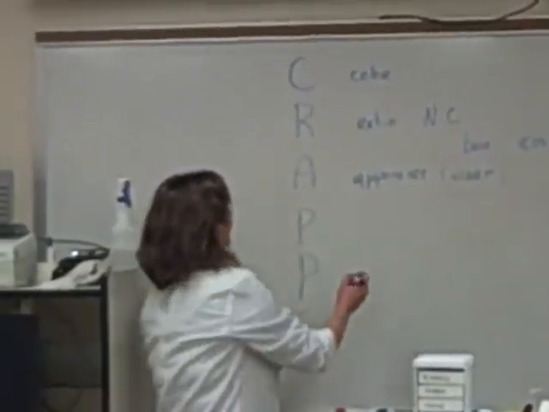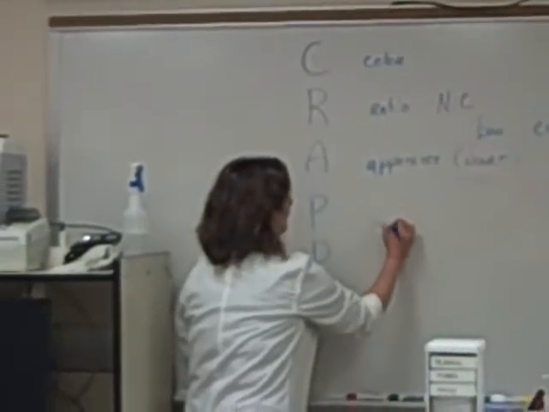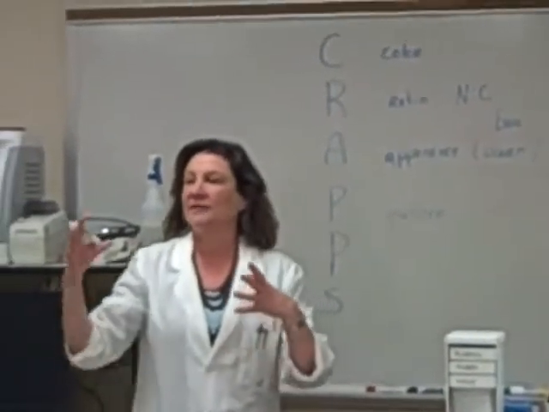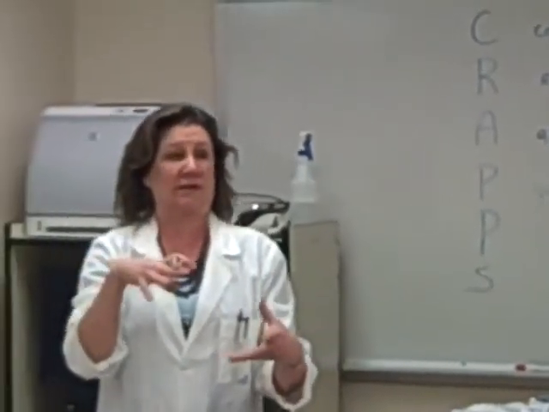P stands for pattern, and specifically the pattern of the chromatin in the nucleus. Different cells will have different nuclear patterns, and we can use that to help identify the cells that we're looking at. So some will be coarse, some will be dense, some you'll hear me say fine or lacy chromatin pattern.